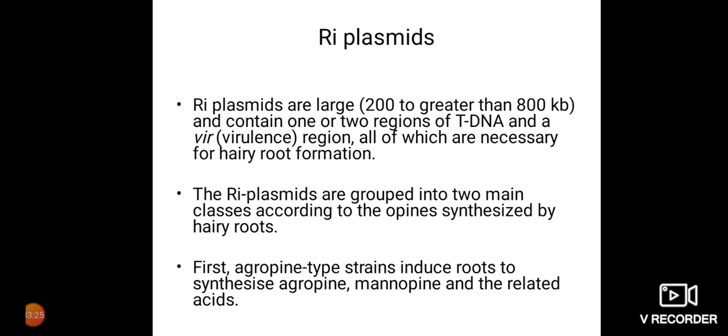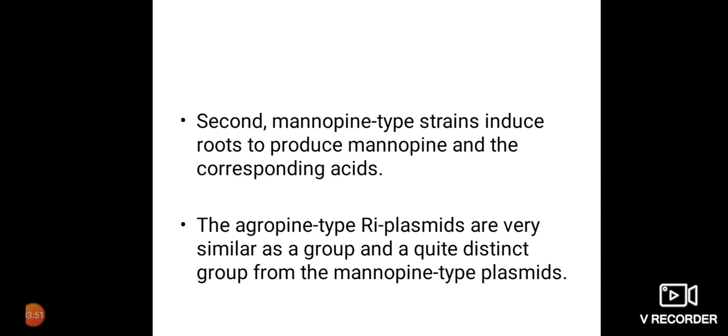Ri plasmids are grouped into two main classes based on the opines synthesized: agropine type and mannopine type. The agropine type strain induces the roots to synthesize agropine and mannopine and related acids.